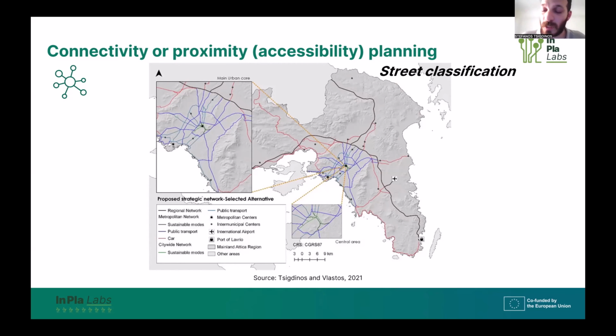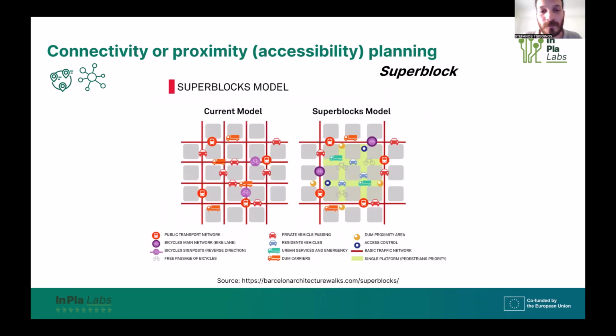So street classification is an example of connectivity, but it could be, under some circumstances, used for proximity, because through the space, we can delineate parts of our cities that could host new land uses and new centralities.